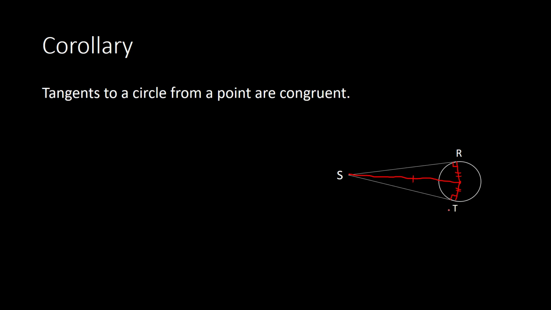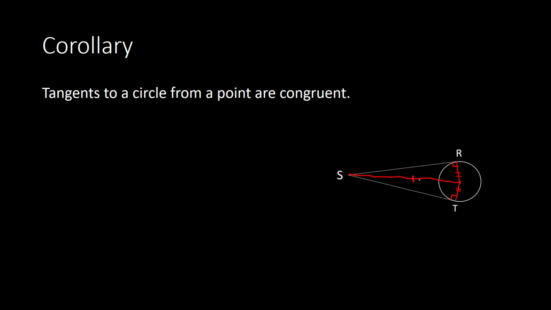So looking at the two right triangles that we have, the top right triangle has a hypotenuse right here that is congruent with the hypotenuse of the bottom triangle. So this segment here that's being shared is the hypotenuse for both triangles. And then the other segment from R to the center and from T to the center is a leg.